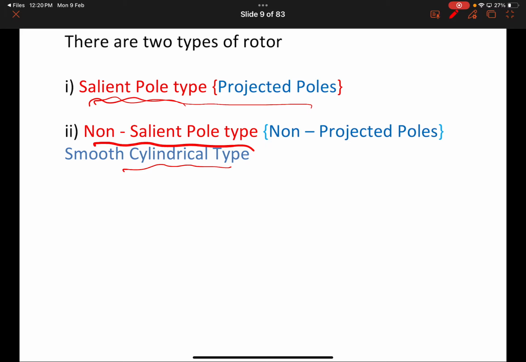Salient can also be called projected pole, and non-salient pole can also be called non-projected or cylindrical type.